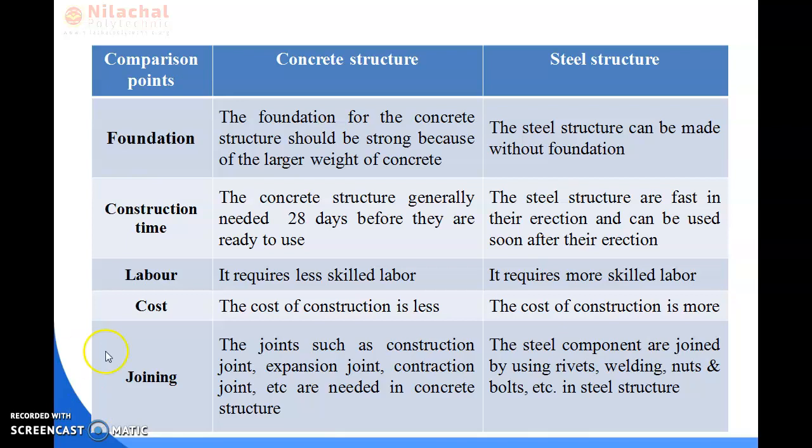Next is construction time. As I said before, a steel structure is connected by two kinds of connections. First is bolting connection, and second is welded connection. So you can easily remove the connection and dismantle the structure.